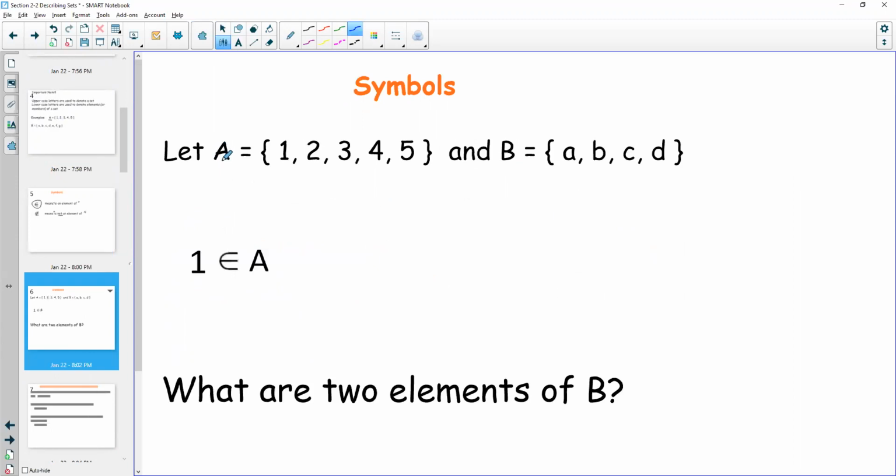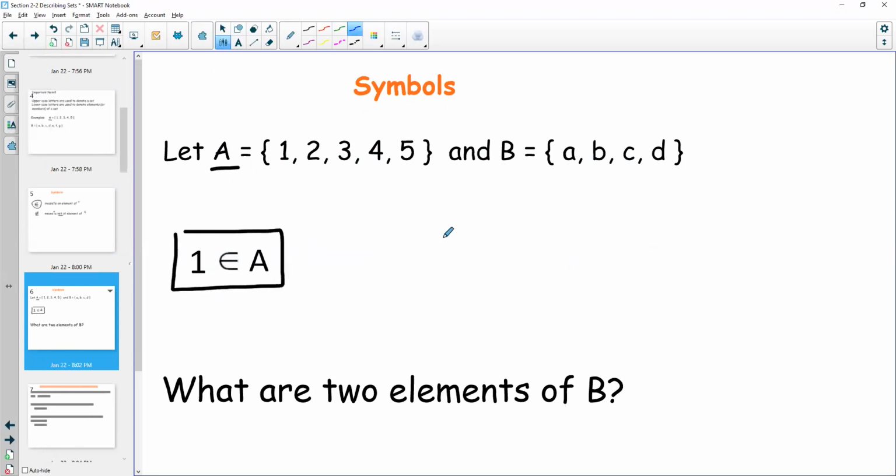So if I have set A, and it has 1, 2, 3, 4, 5 in it, and set B, I have a, b, c, d in there. I read this down here that says 1 is an element of set A. So now what are 2 elements in set B? Write them down.